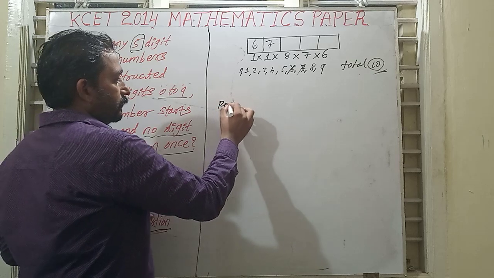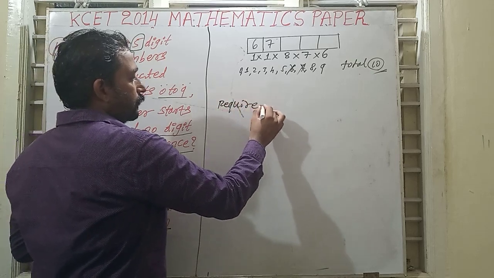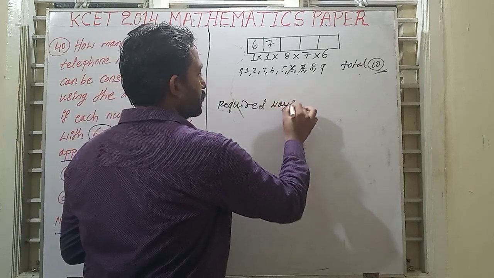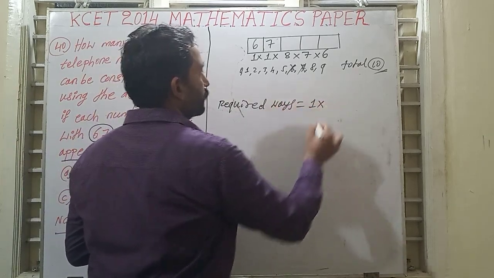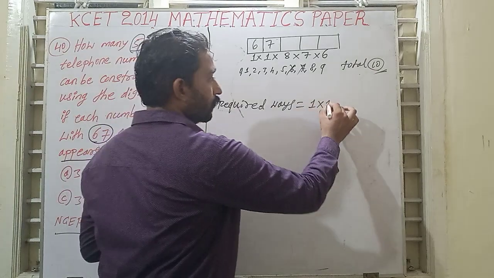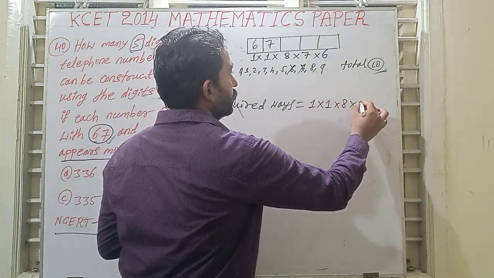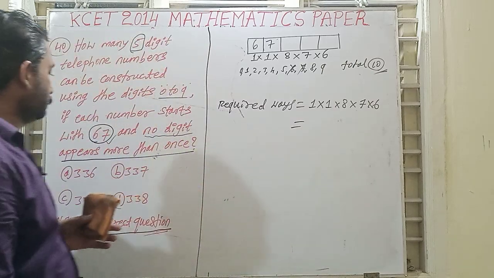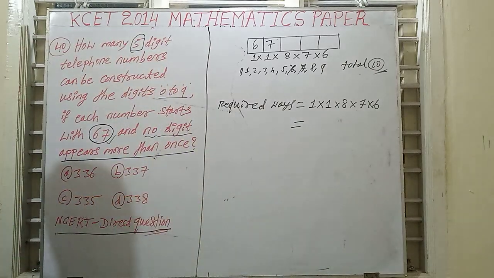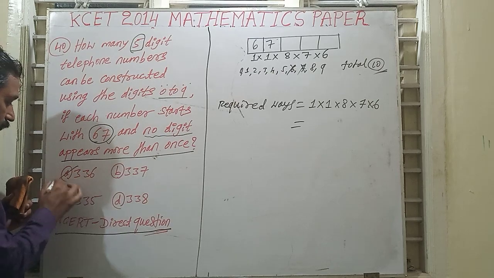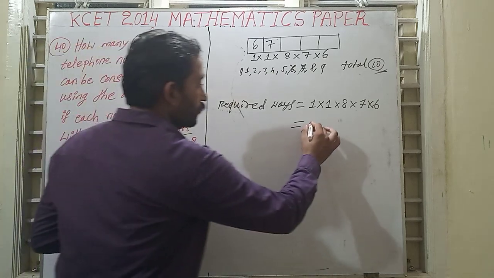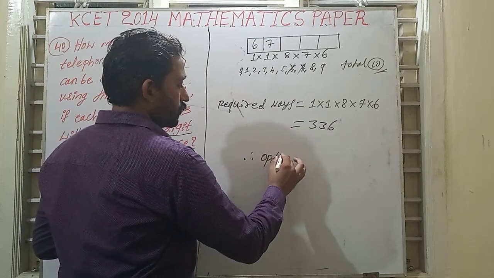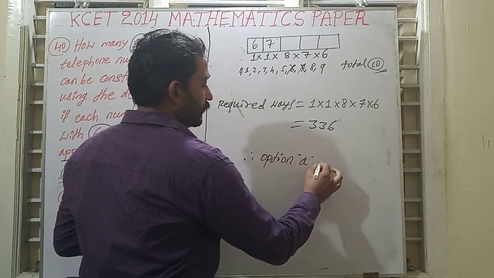So the required number of ways is 1 into 1 into 8 into 7 into 6, which is 336. Good answer. Therefore option A is correct.